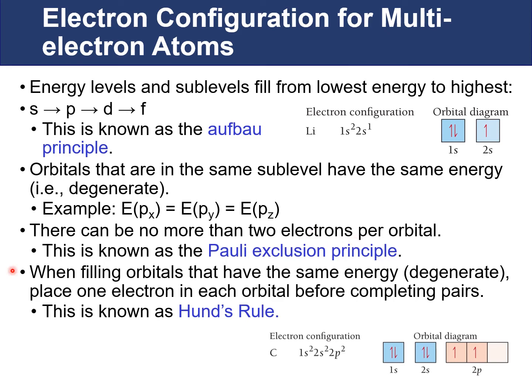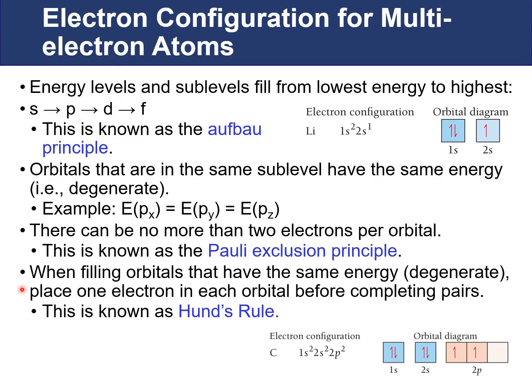The last rule has to do with how we will fill the sublevels. When filling orbitals that have the same energy, those that are degenerate, we will place 1 electron in each orbital before completing the pairs. Part of the reason for this is that if an orbital already has an electron in it, it becomes more difficult to put a second electron in it.